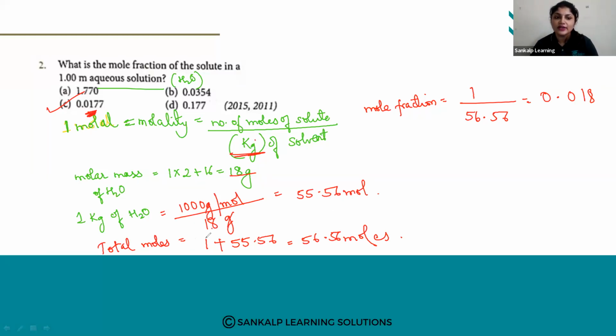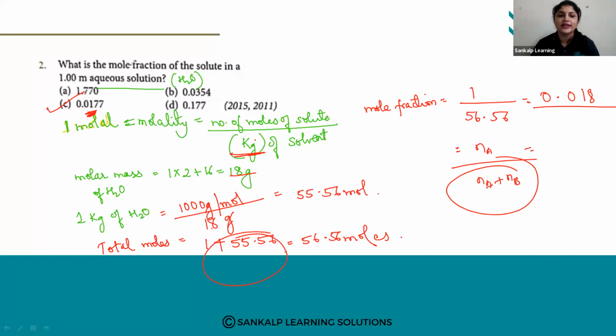Now the total moles is 1 plus 55.56, which is equal to 56.56 moles. Now mole fraction is Na divided by Na plus Nb. You just substitute this and you get 0.018. So C is the right answer.